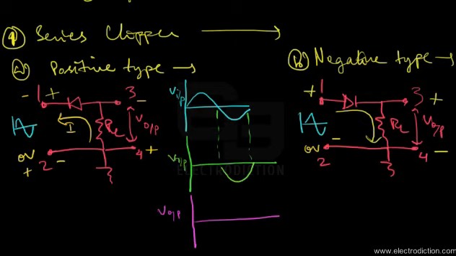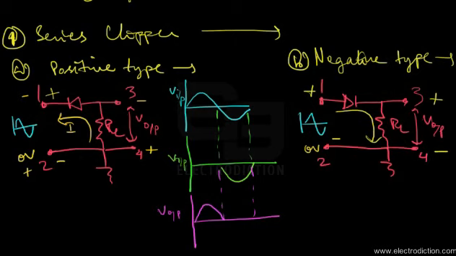So we have an output voltage during this time that corresponds to the first half cycle of the input waveform. It looks somewhat like this. Now the second half cycle arrives next at the input to the negative type series clipper.